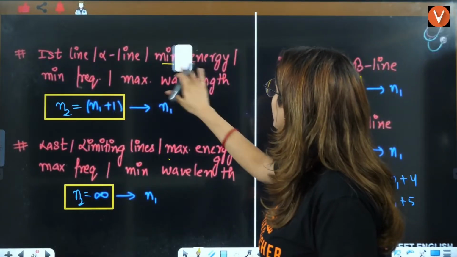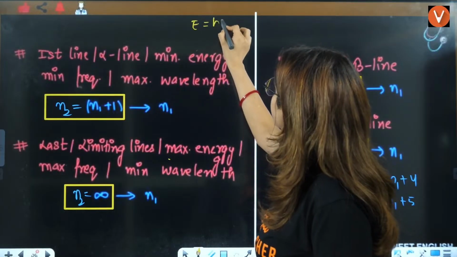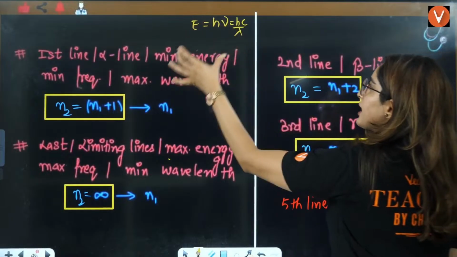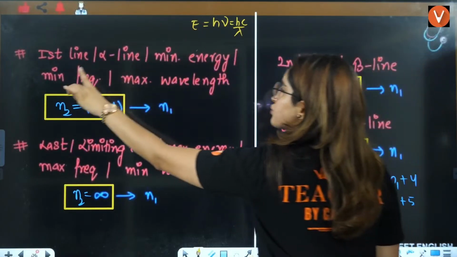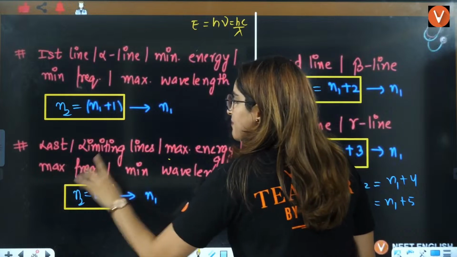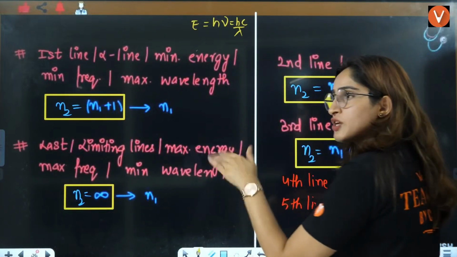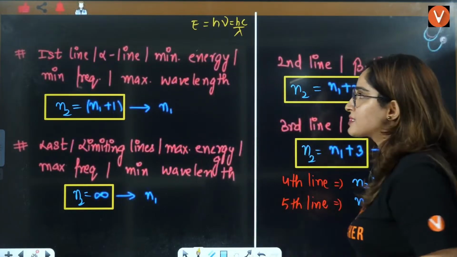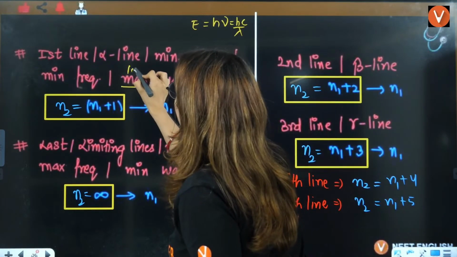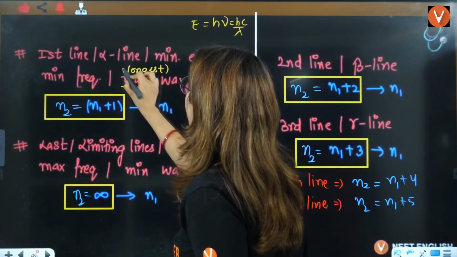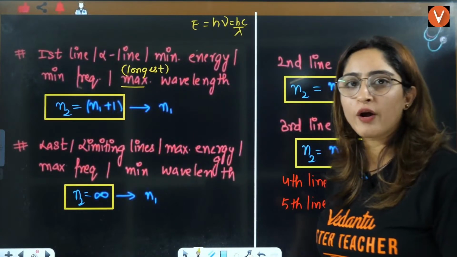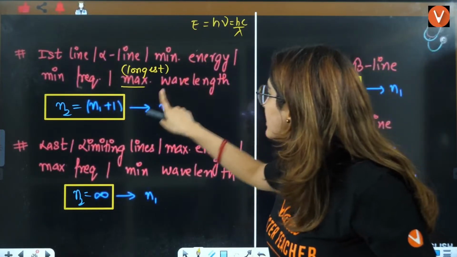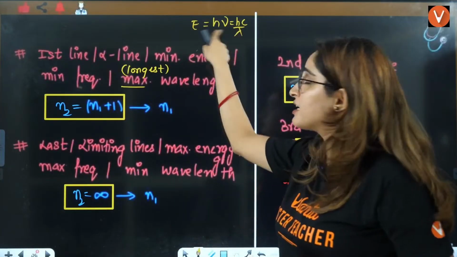Now we know that E equals h nu, or it is hc by lambda. If energy is minimum, nu is also minimum, so they can also say minimum frequency. Here they can say maximum frequency, right? Because energy is directly proportional to frequency. If they write lambda is maximum, or they can say longest wavelength, that means they are talking about minimum energy, because lambda and energy are inversely proportional.